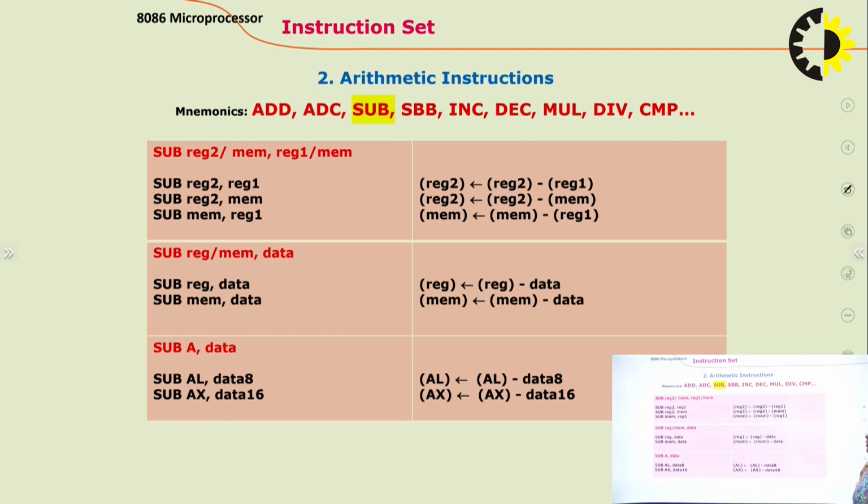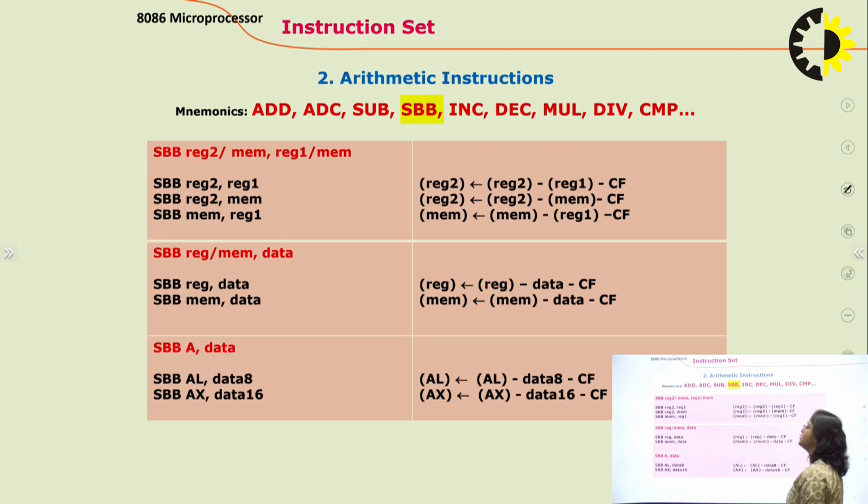Next is subtract. Similar to addition, only the operation changes. SUB simply subtracts destination minus source and copies the result to the destination location. Again the same rule follows: both operands must be of the same size. The destination can be a register or memory location, whereas the source can be a register, memory location or 8/16-bit data. Next, similar to ADC, is subtract with borrow.